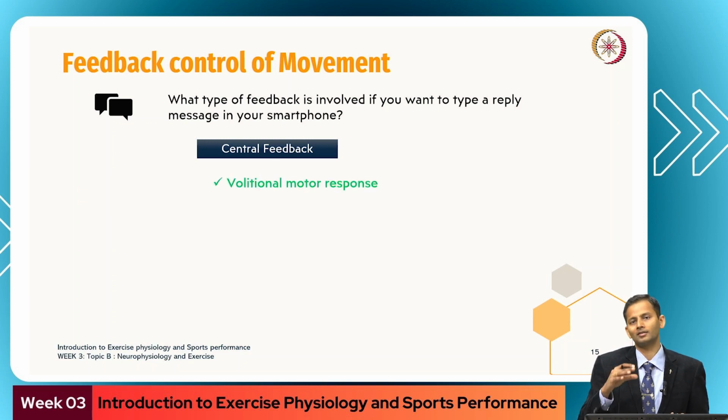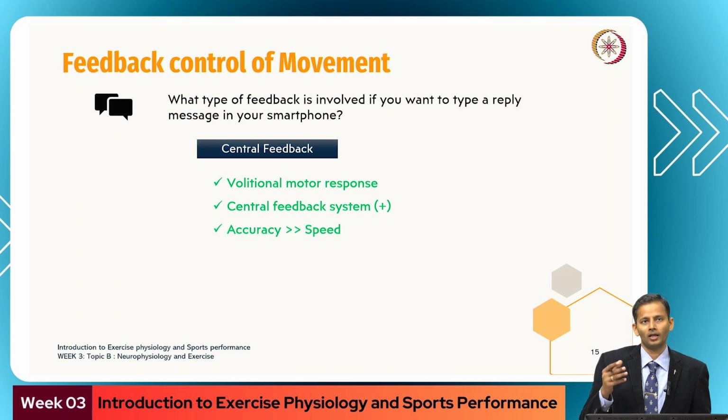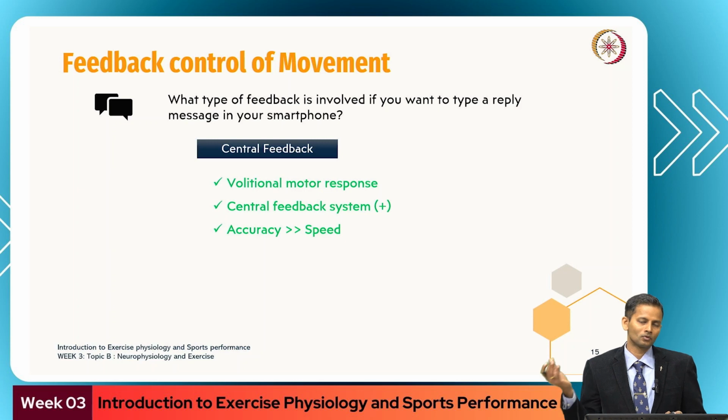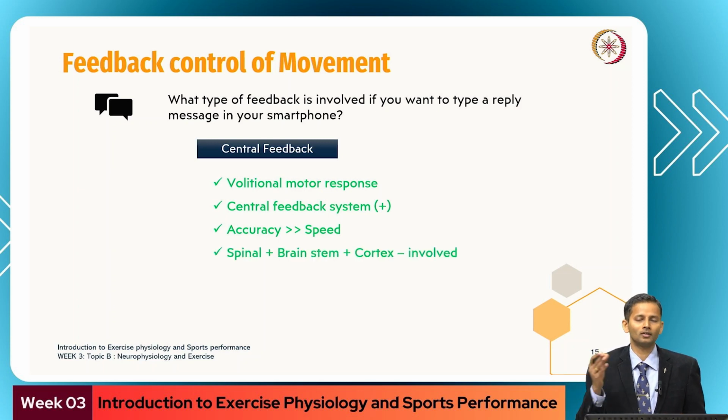So here it is a central feedback where the central nervous system is involved. It is a voluntary motor response. It is up to you whether you want to send or not send, or you have time to think over it. Here accuracy is more important than speed. So the latency is also more and the motor output can be modified.